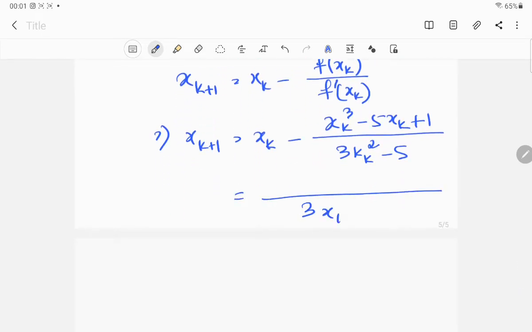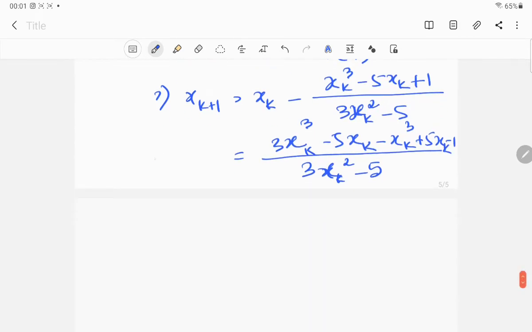So 3xk cube minus 5xk minus xk cube plus 5xk minus 1.